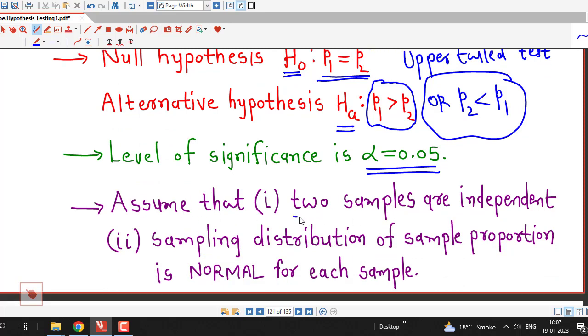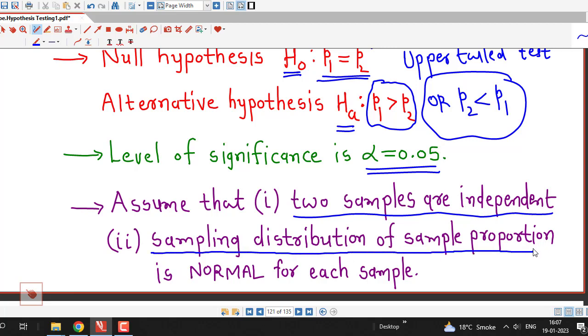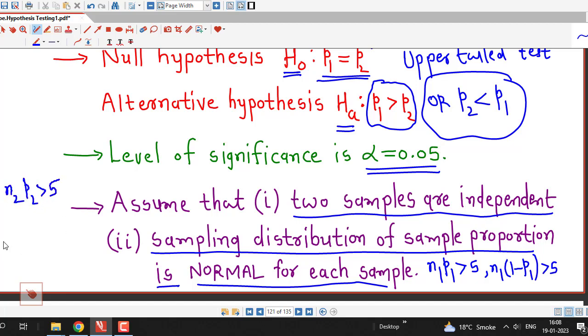If they are not given in the question, we will assume that two samples are independent and the sampling distribution of sample proportion is normal for each sample. That means these conditions are satisfied: n1 p1 is greater than 5, n1 times (1 minus p1) is greater than 5, and similarly n2 p2 is greater than 5, and n2 times (1 minus p2) is greater than 5.